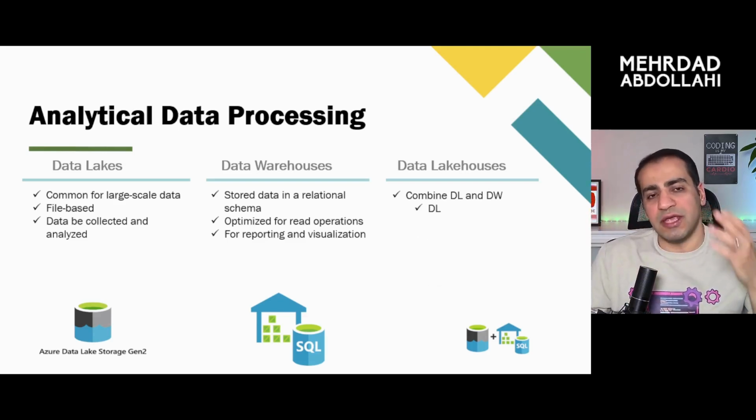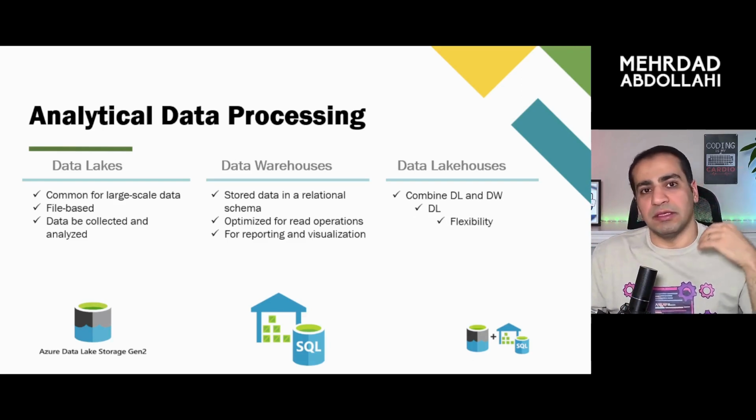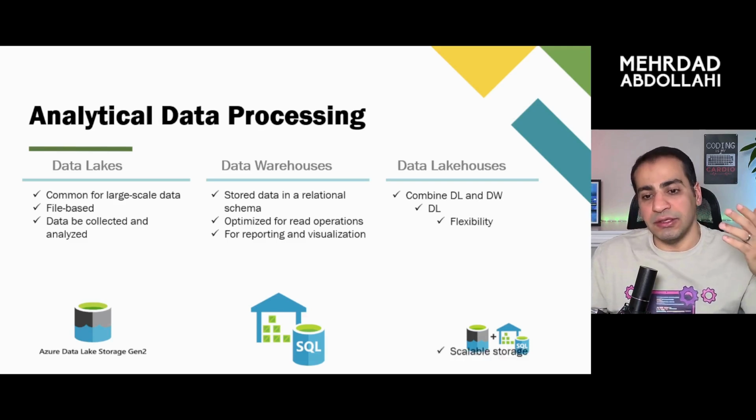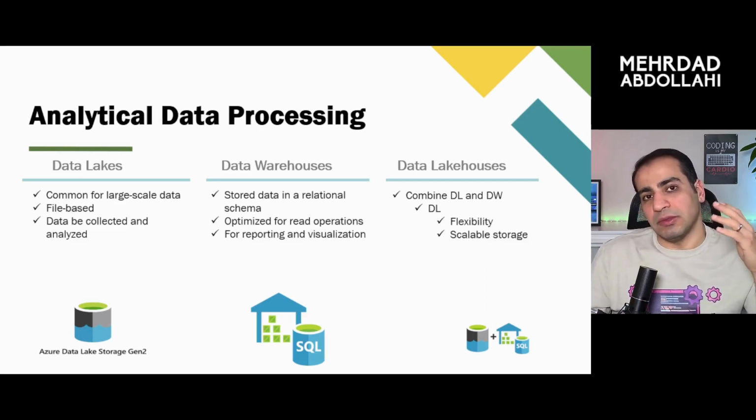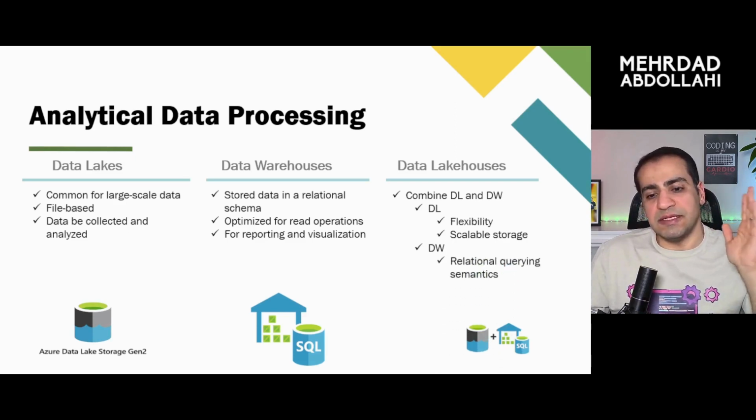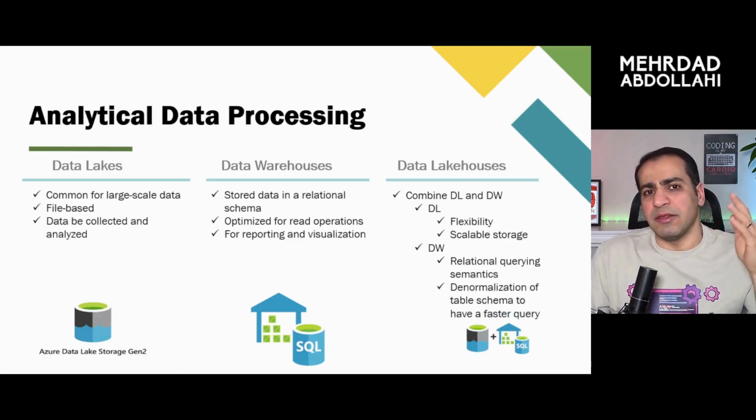They take some features of the data lake, like flexibility, so that we can have different types of data and files there, and also scalable storage, so that we can store a vast volume of data. From the data warehouse, they get the features of relational querying and semantics. Sometimes, to do that, we have to denormalize the tables to have better and faster reports.